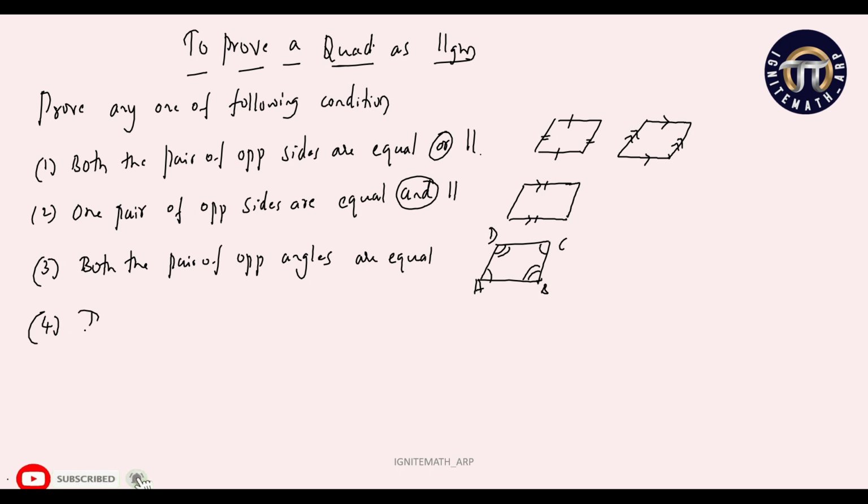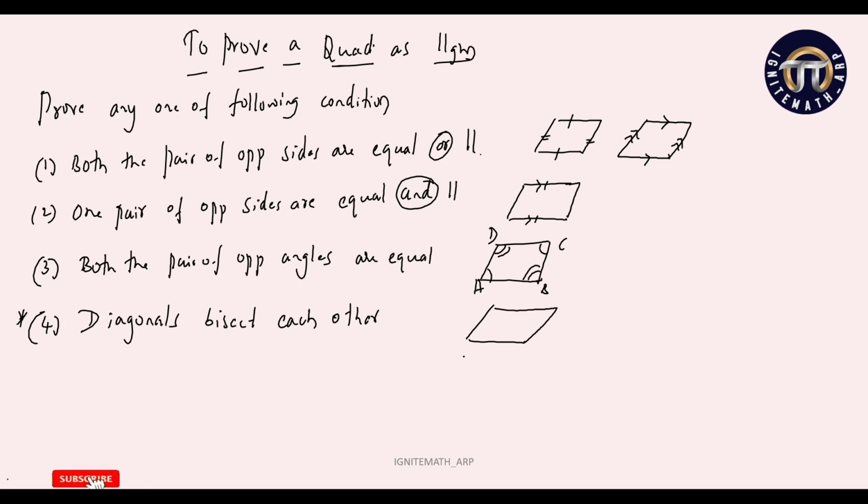Or prove that diagonals bisect each other. This is the most often used condition to prove a quadrilateral as a parallelogram. So I have a quadrilateral over here. I need to prove that diagonals AC and BD bisect each other.